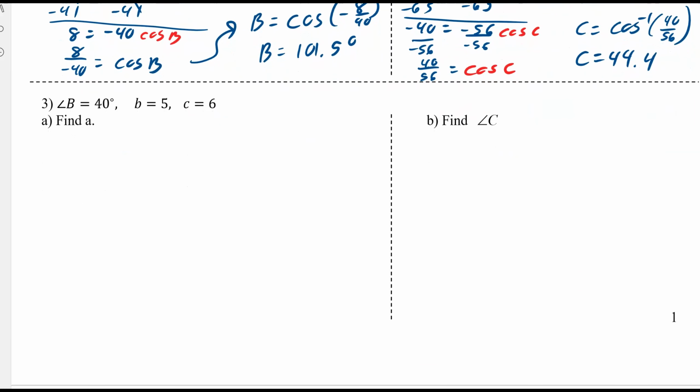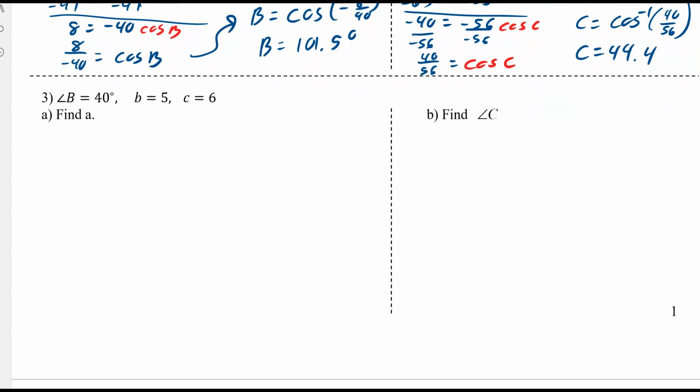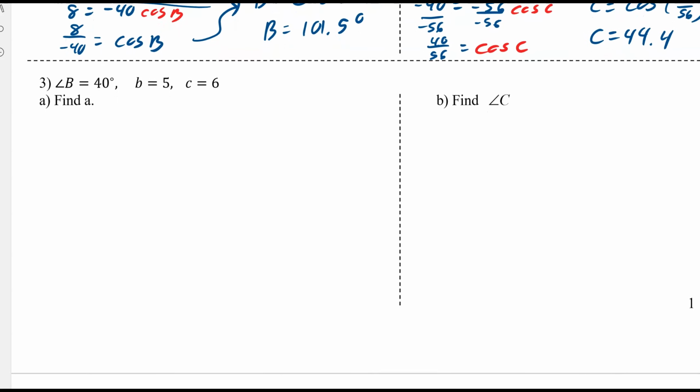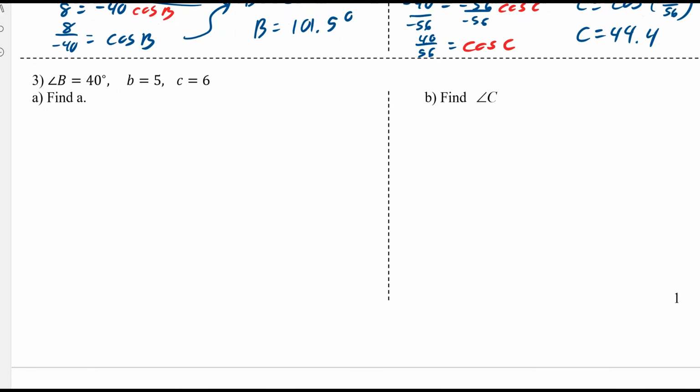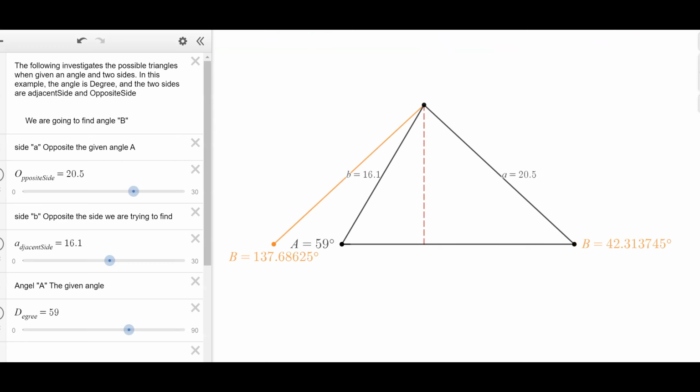So with ambiguous cases in law of cosines, where it happens is we end up with the quadratic formula. So it's not with the angles, it's with finding one of the sides. So we have our triangle here. Remember, this is when we get our ambiguous cases and we're given an angle and an opposite side and then the side, and we're trying to find that matching angle. What happens is with that angle and the given side, when they are larger, we get one triangle.